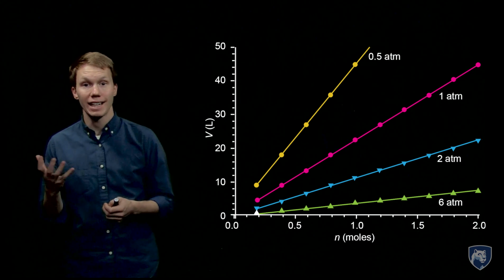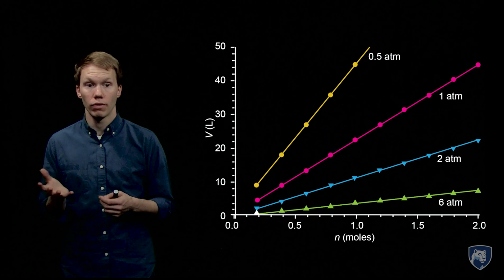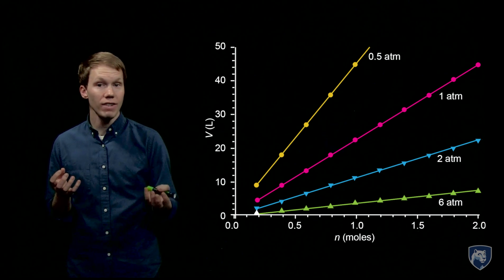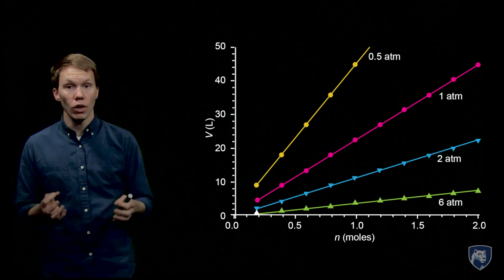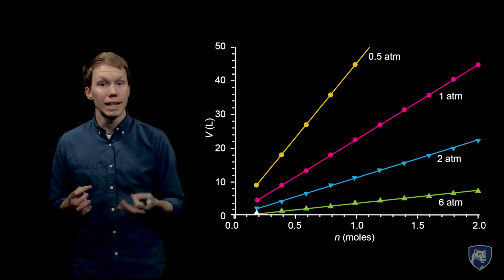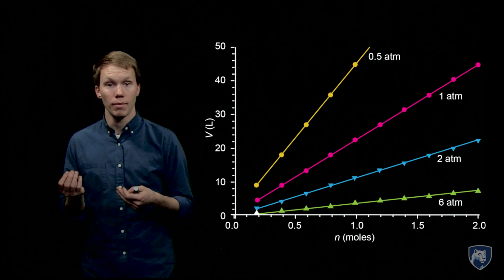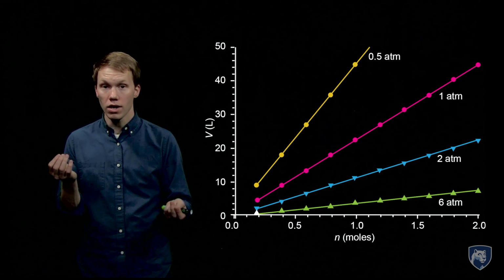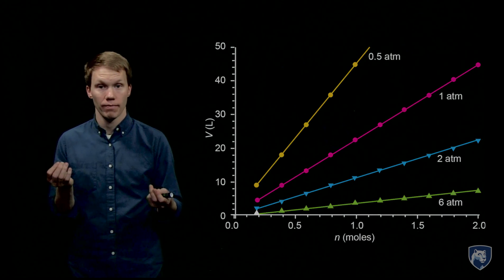So something very light like helium is going to occupy the same volume as 1 mole of a heavier gas like argon, okay? So the volume is dependent only on the number of moles, not mass. It is true that 1 mole of helium will weigh less than 1 mole of argon, but they will occupy the same volume of space.